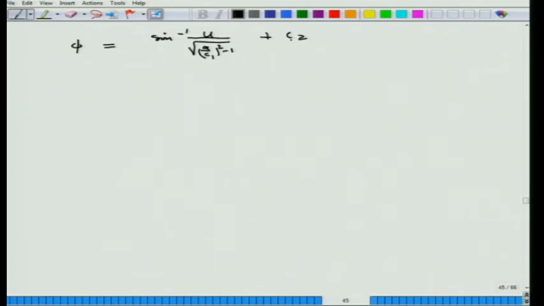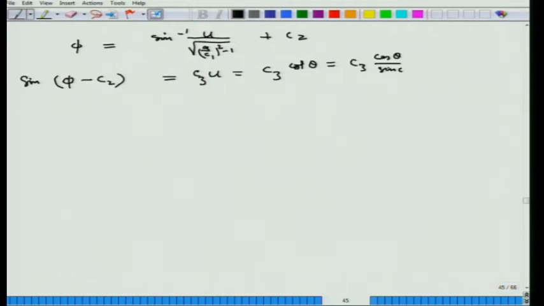So, taking the C2 here, phi minus C2, and then taking sine of this equal to u by something. So, let us say this is C3 u, which is C3 cot theta, which we can write as C3 cos theta over sin theta.